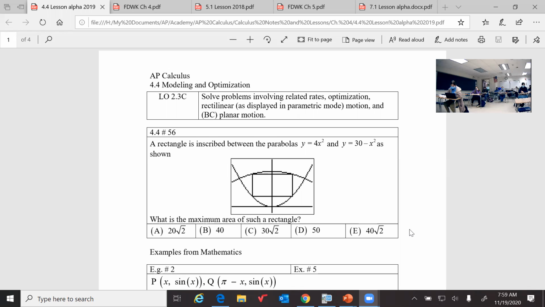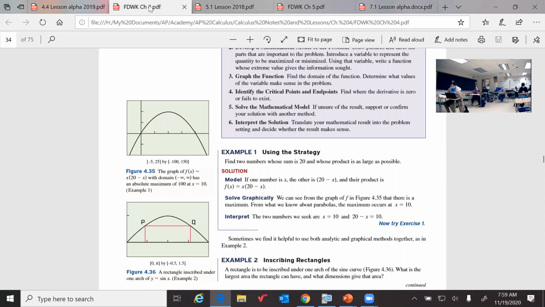So in the book, we're going to start with example 1, which says, find two numbers whose sum is 20 and whose product is as large as possible. Does that make sense? So you need two numbers that add up to 20.